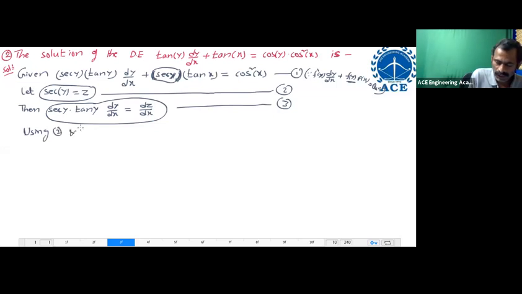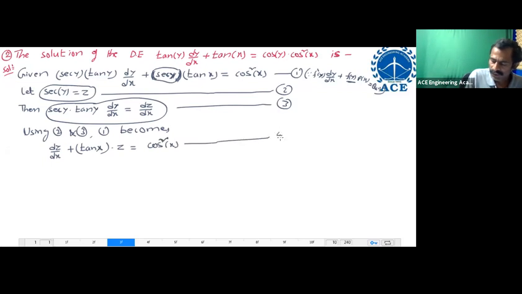Using 2 and 3, equation 1 becomes: in place of the first term we write dz by dx, and in the second term, in place of secant y, we write z, so z tan x equals cos square x. So this is equation 4, the linear differential equation in variable z. Conversion of non-linear to linear is completed.